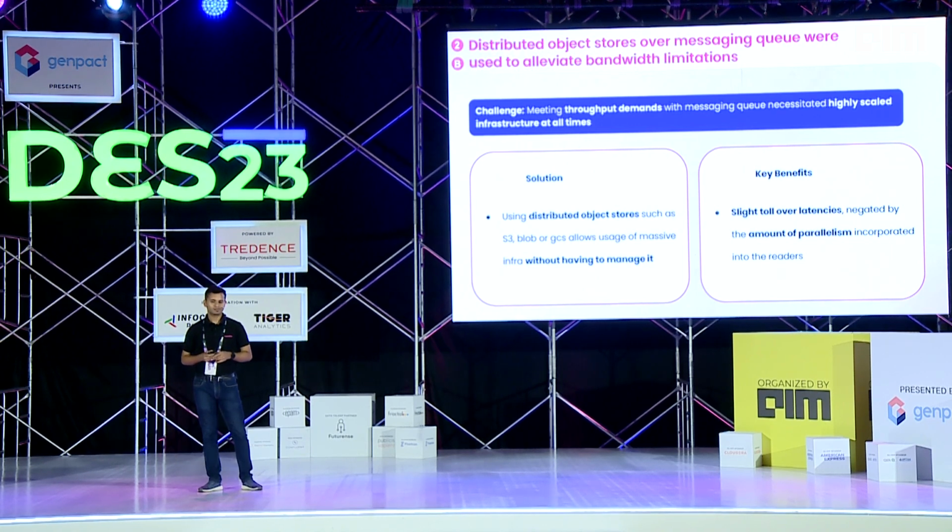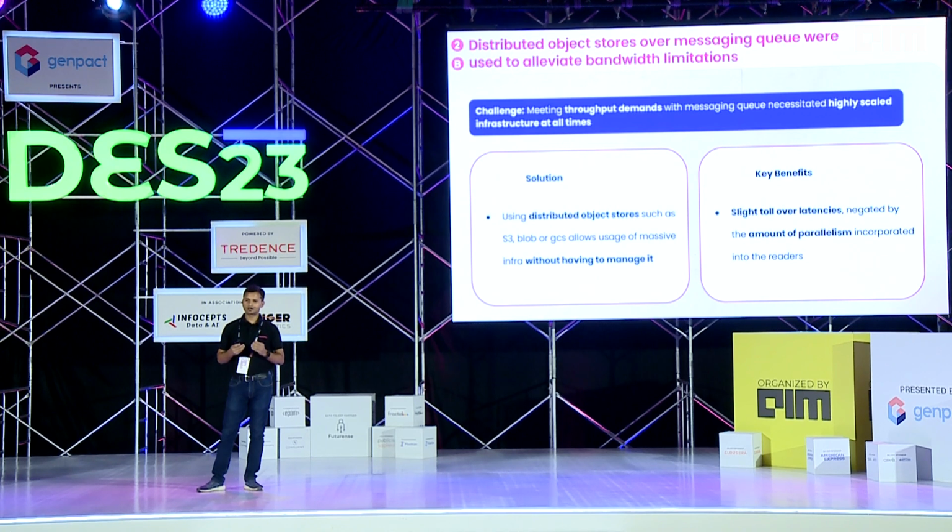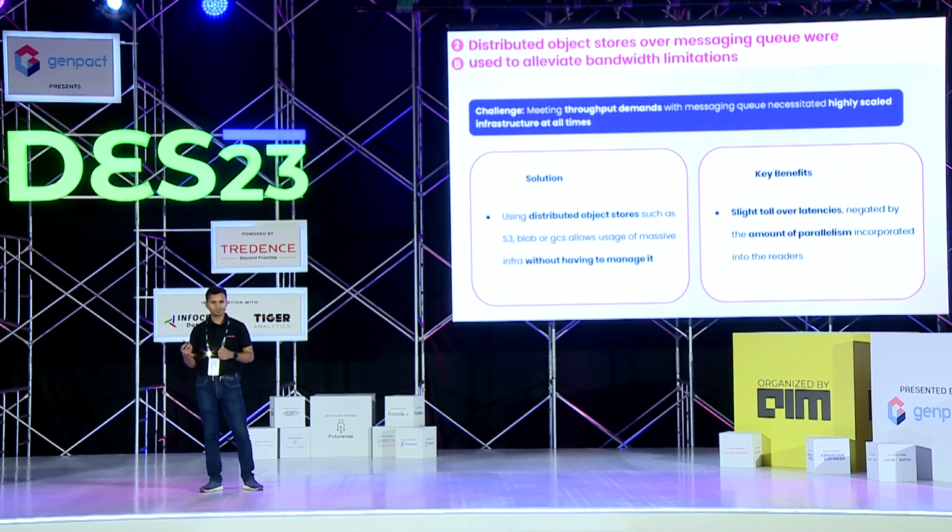We saw that again messaging systems are problematic for handling the intermediate layers. So we moved from a messaging system to a distributed cloud storage like S3, so that we are not constrained by the bandwidth limitations that are present in messaging systems, at least for the intermediate layers.